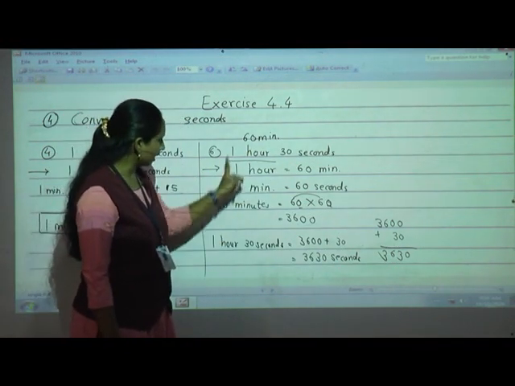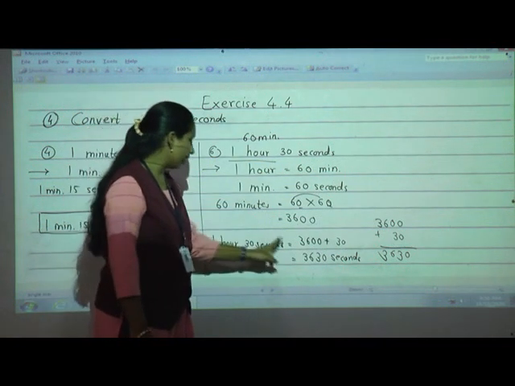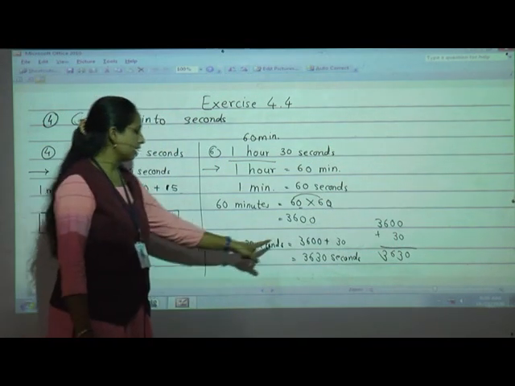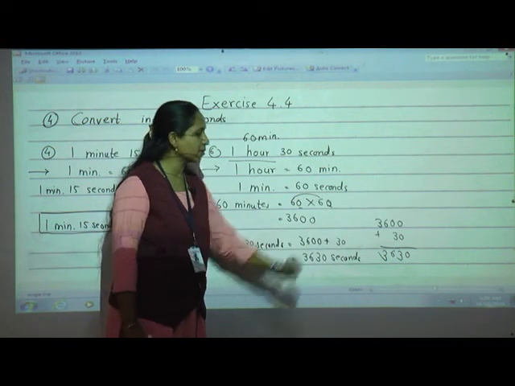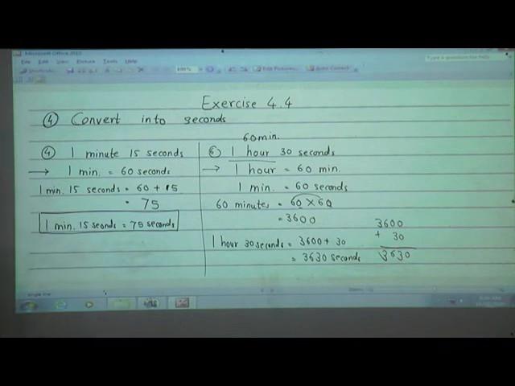So write once again 1 hour 30 seconds, the question given. Or else you can write 60 minutes 30 seconds also here is equals to 3600 plus 30. So when we add this both the number, we get final answer is 3630 seconds. Clear? Yes. Now here to make you confused, one more question they had given, that I will solve for you, 7th one.